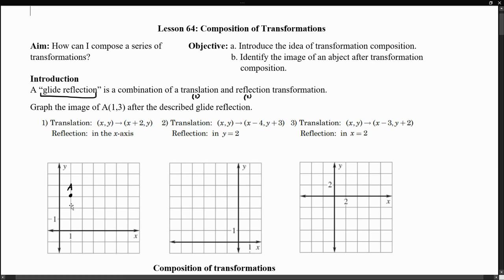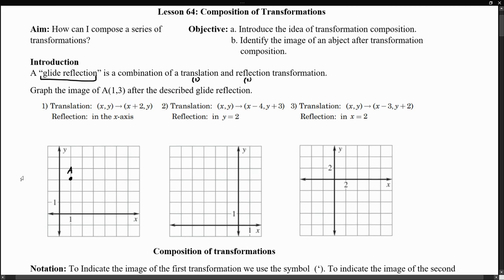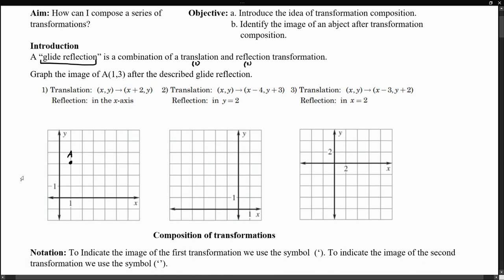Well, let's take a look at example 1. Here, let's start by plotting the point A, which is already done for us, at (1, 3). And let's perform the glide reflection. First, let's perform the translation. Let's understand the notation. The notation says to get a coordinate point x and move it 2 units to the right.